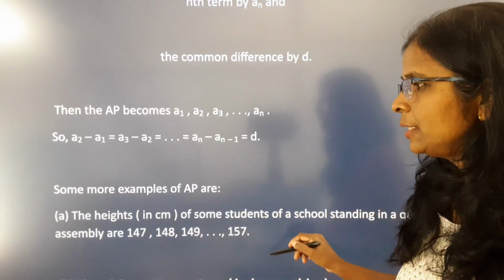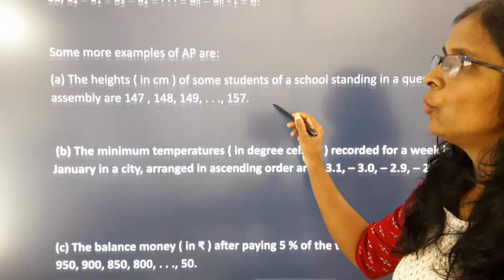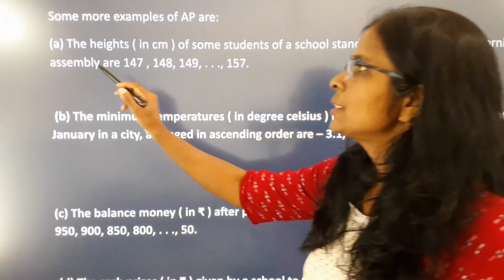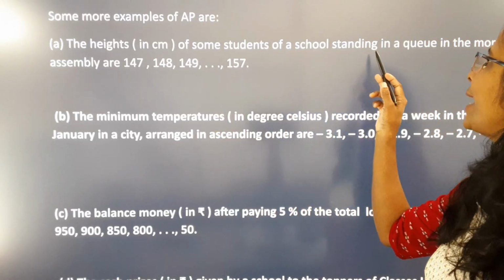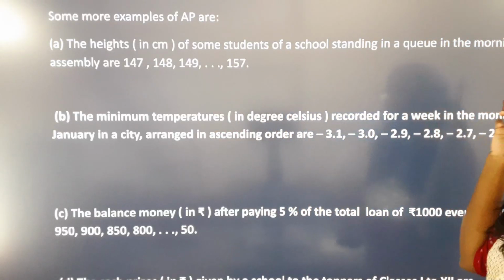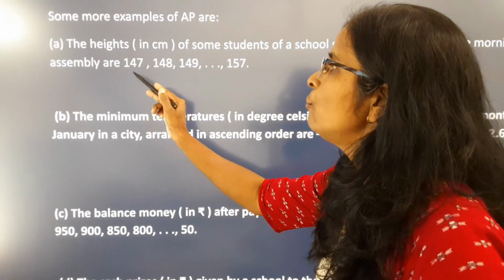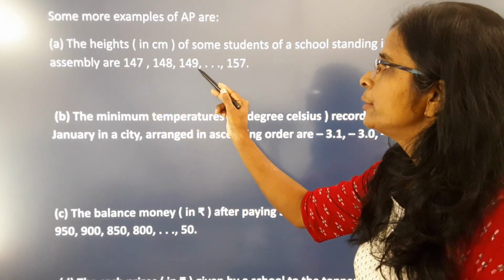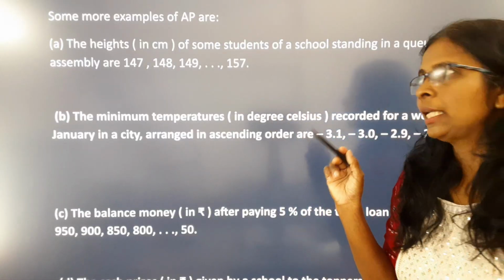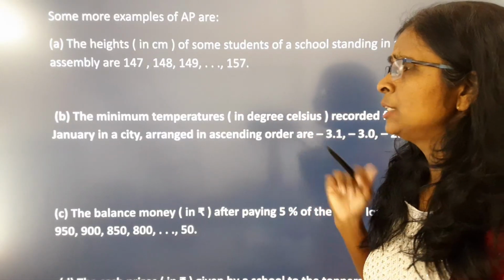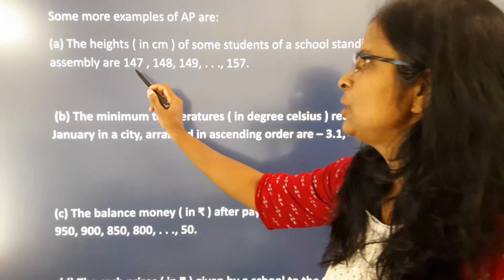Now let us take examples of AP. First example: the heights of some students of a school standing in a queue in the morning assembly are 147, 148, 149, ..., 157. Now see, students, the first term is 147.